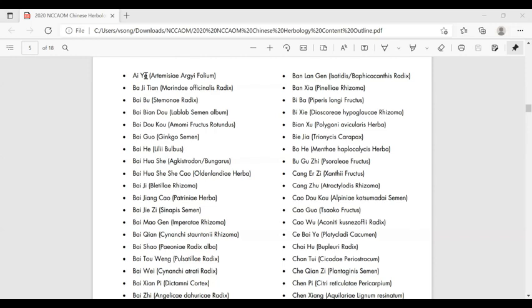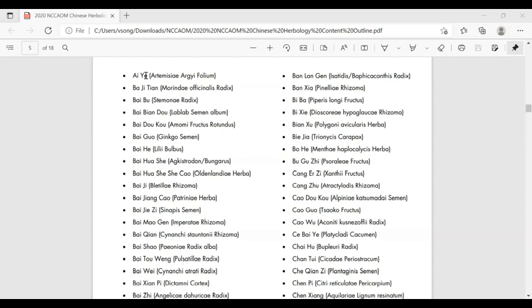So from here, we have basic information regarding 巴戟天. It is able to tonify yang, and it focuses on tonifying kidney yang.